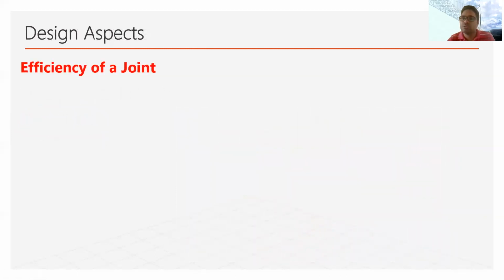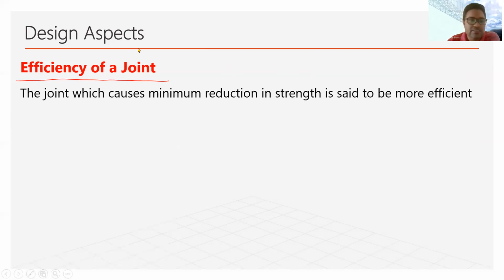Now, let us get an important parameter of the joint, which is called the efficiency of the joint. How do we calculate the efficiency of the joint? Well, it depends on the strength of the joint. The strength of the joint will be higher if the number of holes is lesser. So it says the joint which causes minimum reduction in the strength is said to be more efficient.